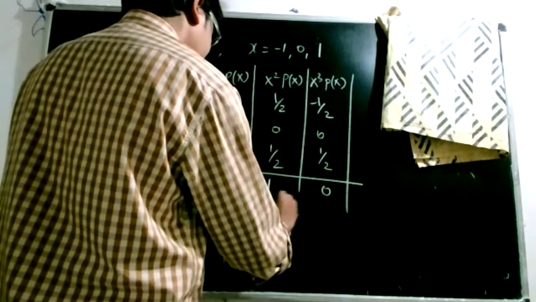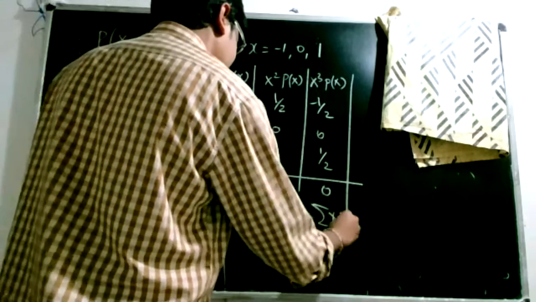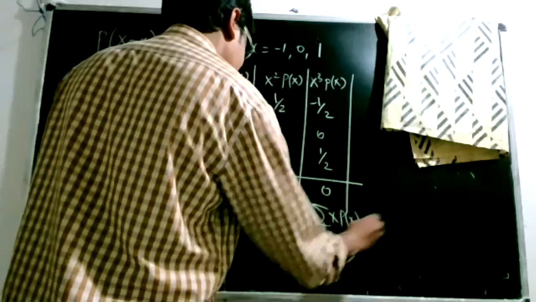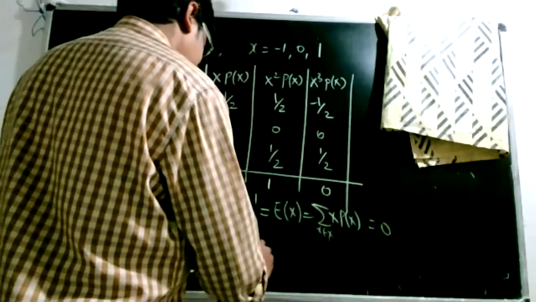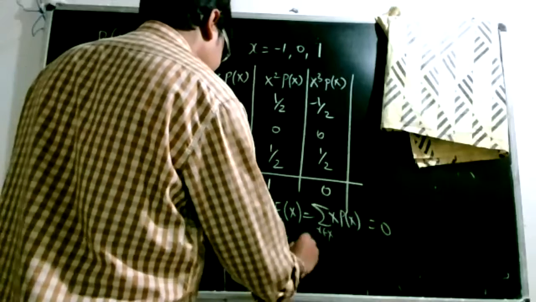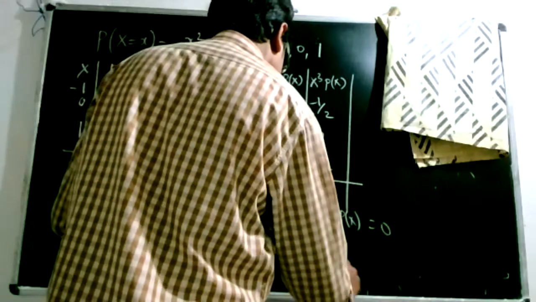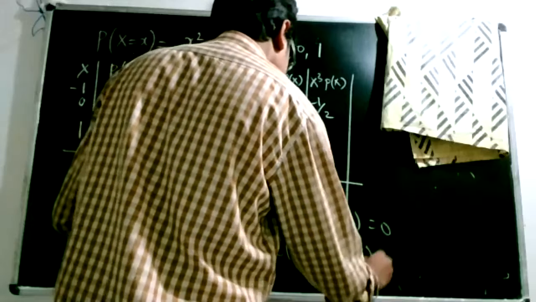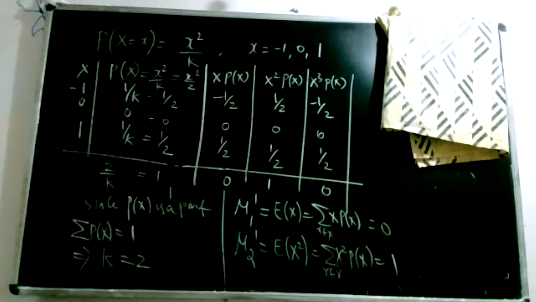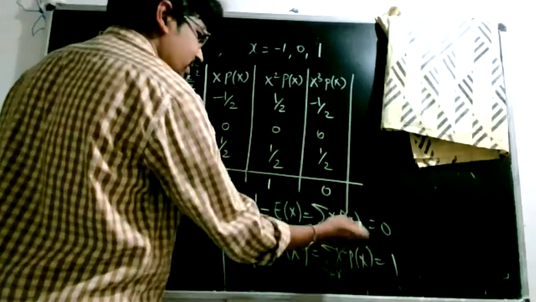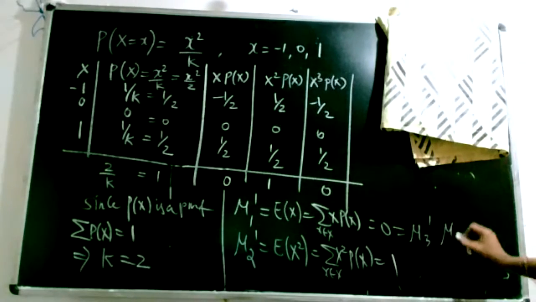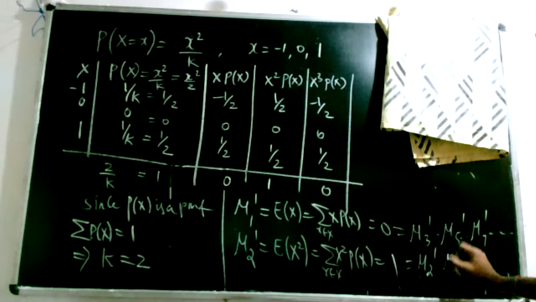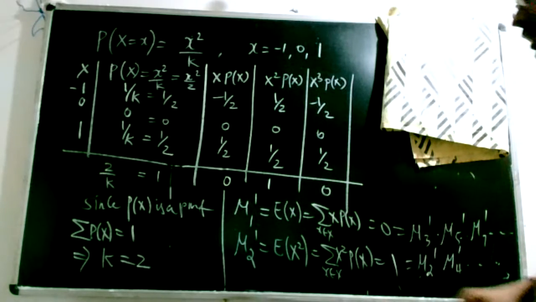So mu1 dash is equal to expectation of x, which is sigma x px, that is equal to 0, and mu2 dash is equal to expectation of x square, sigma x square px, that is coming to be 1. And if you generate x power 4 px, x power 5 px, and so on, additional columns, and observe the moments, you will get all the odd order moments, say mu3 dash, mu5 dash, mu7 dash, etc. all equal to 0, and all even order moments equal to 1.